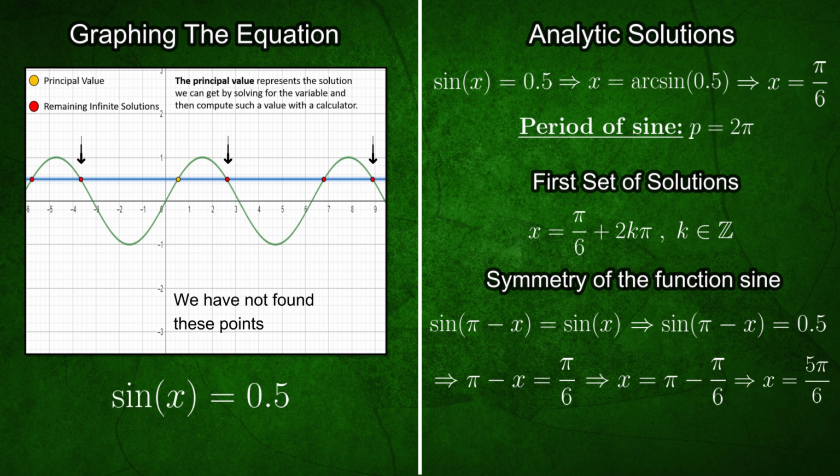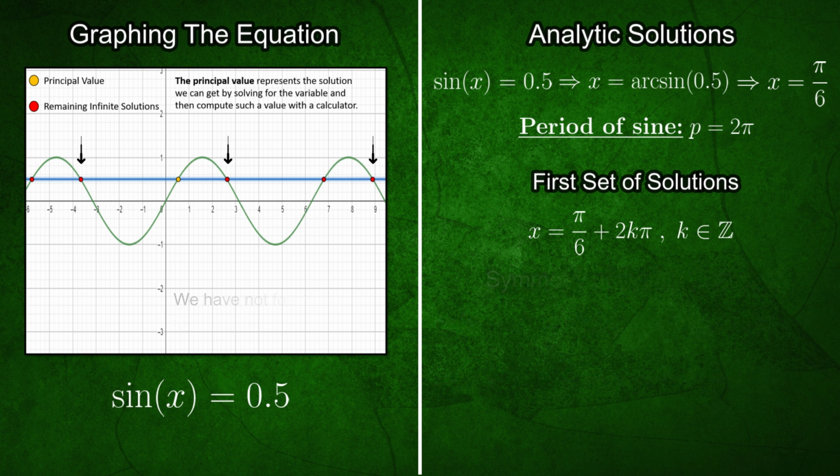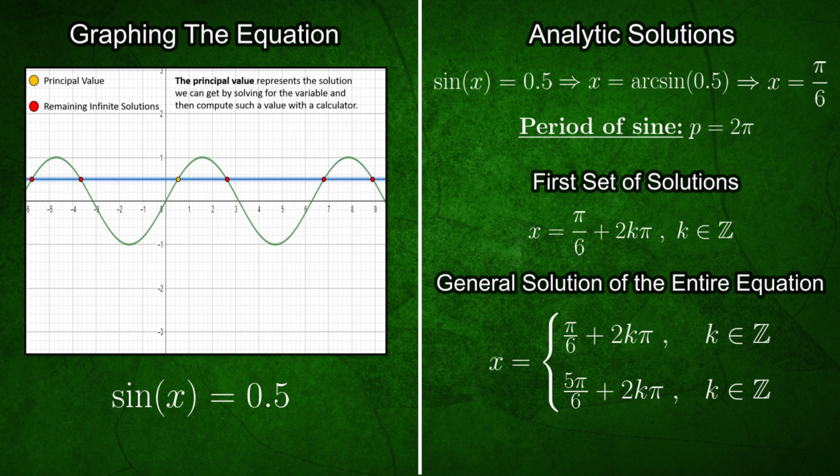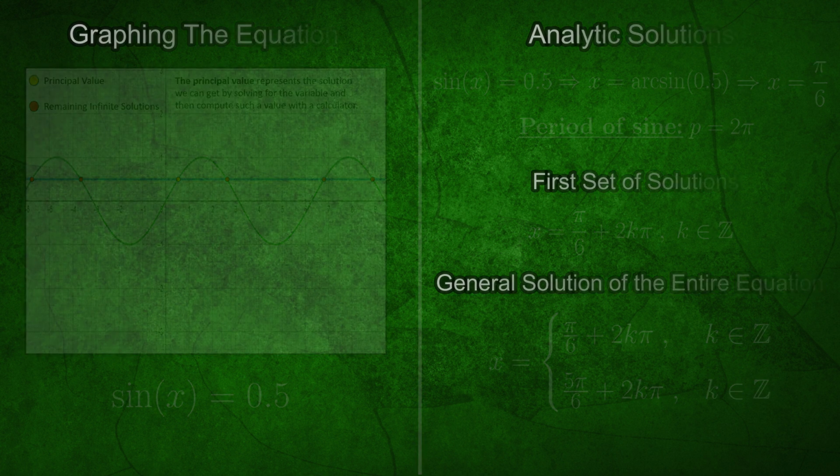Thus, x is equal to 5 pi over 6. Therefore, all solutions of sine of x equals 0.5 are the following: x equals pi over 6 plus 2k pi, where k is an integer, and 5 pi over 6 plus 2k pi, where k is an integer.